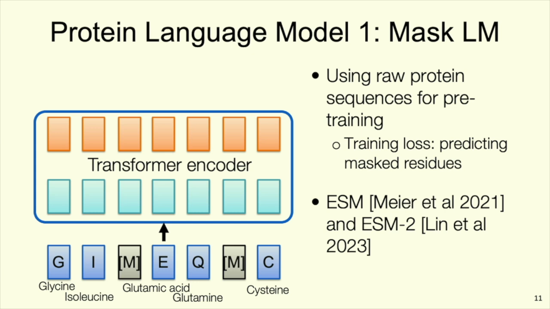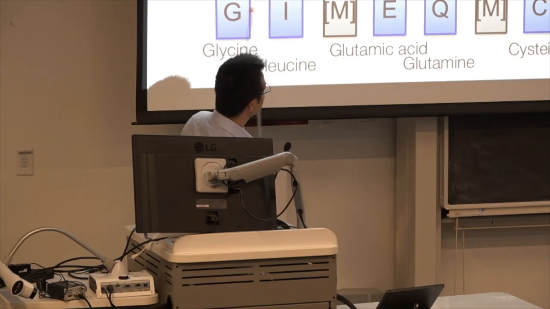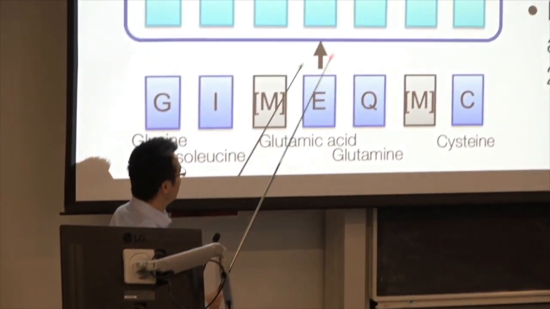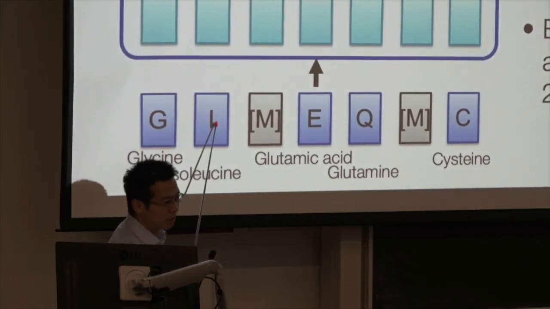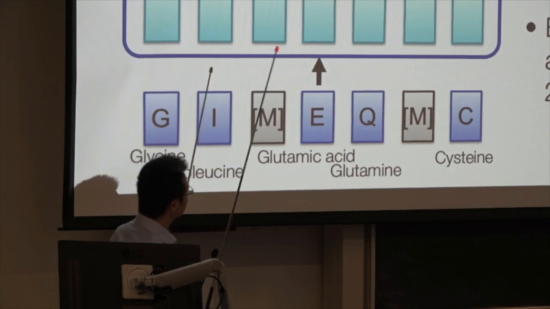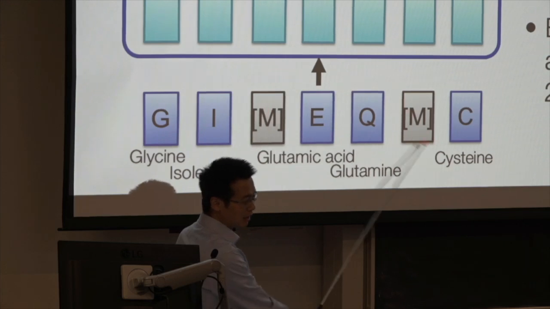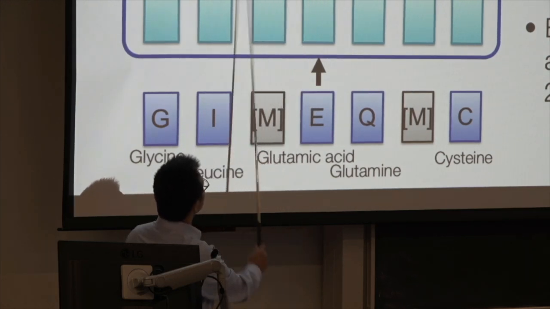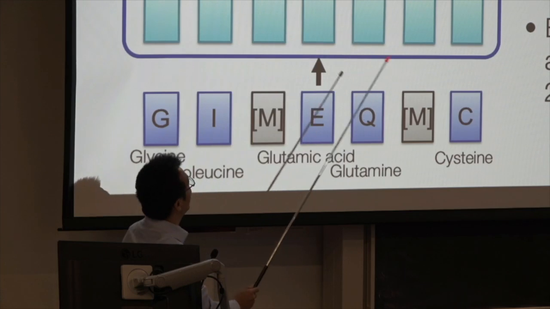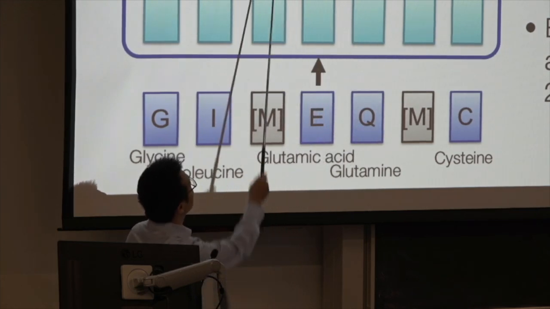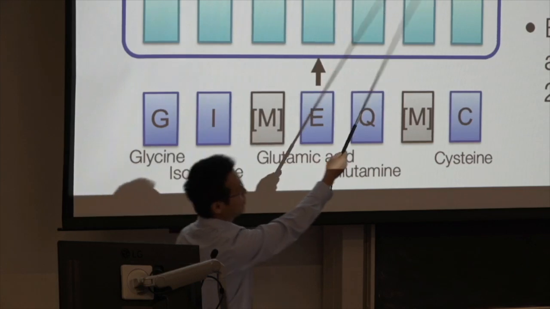This is one of the protein language models people developed at Meta. The idea is similar to BERT. We have a sequence. This is a protein sequence. Each one is just one amino acid, or we call it a residue. We randomly mask some of them. We put a mask token here. And then we process through a transformer encoder. At training time, we just predict those mask tokens.